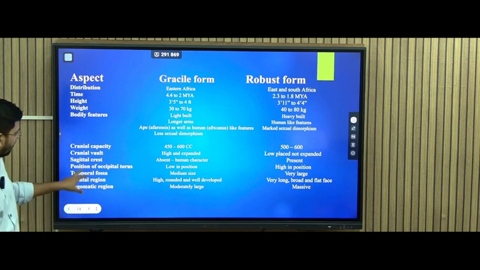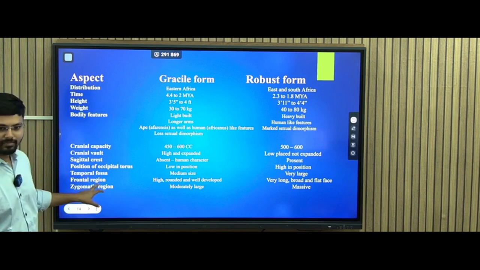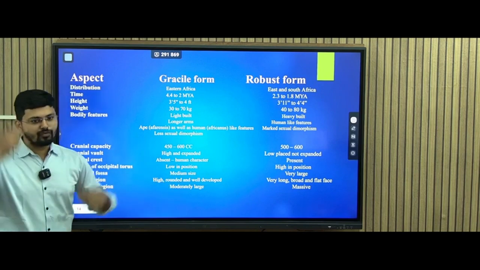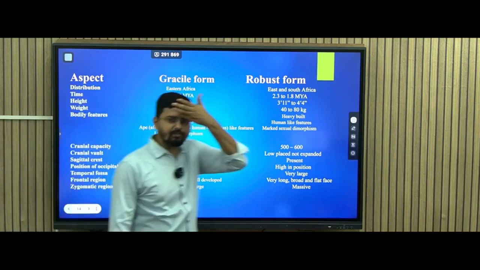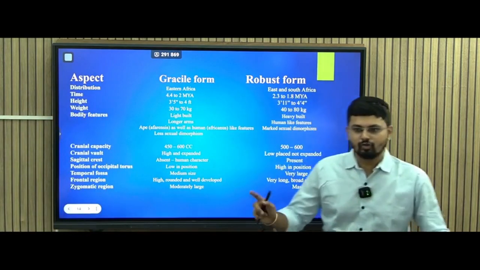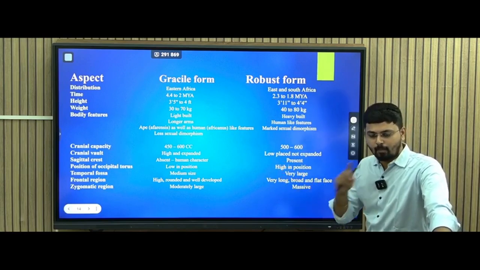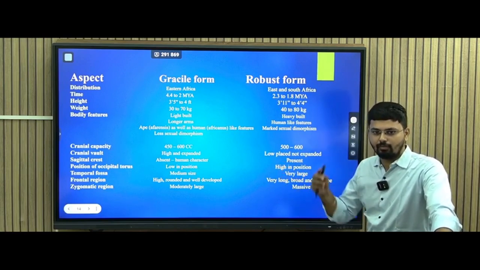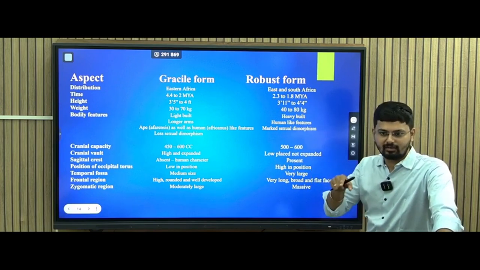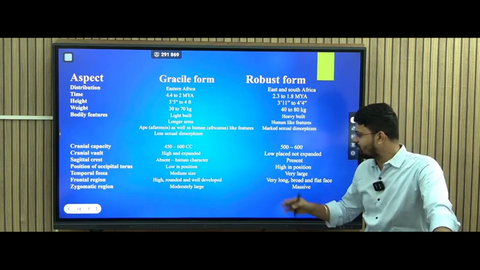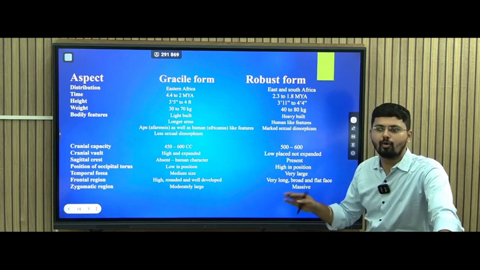Right. So now the frontal region, here it is rounded, because frontal region means this is the front part of the front side, right? In afarensis I already told you, in gracile form it is round like, whereas here it is broad and more ape like.